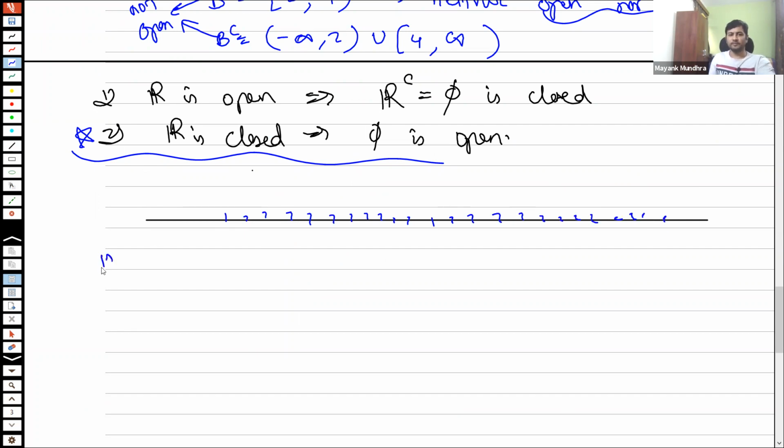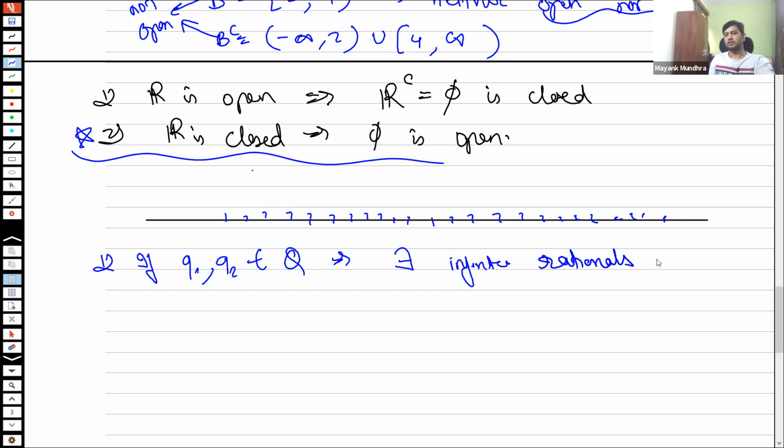Now there are some properties here. If Q1, Q2 are rational numbers, then there exist infinite rationals between them, and there exist infinite irrationals between them.